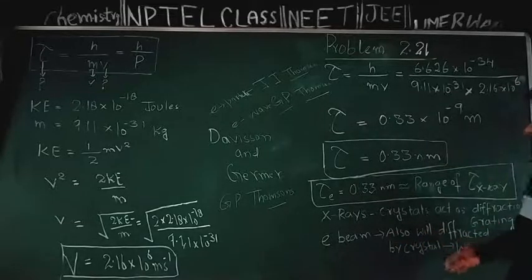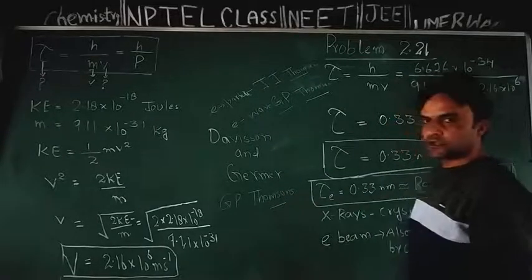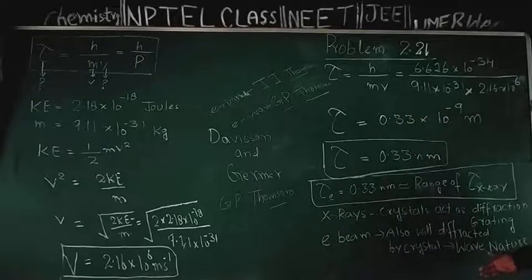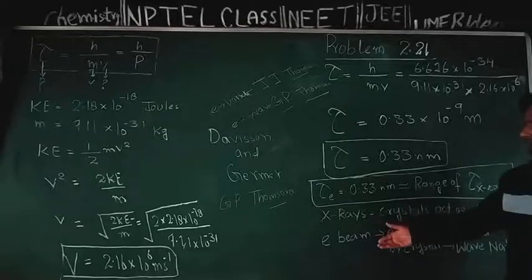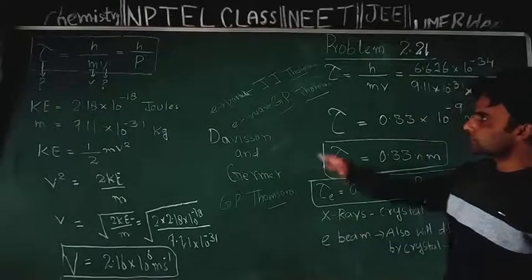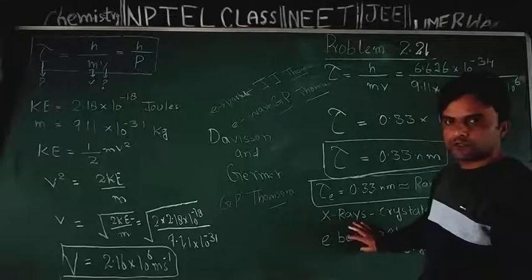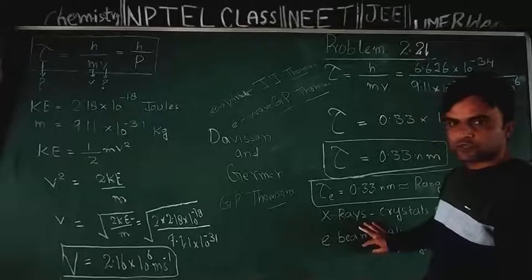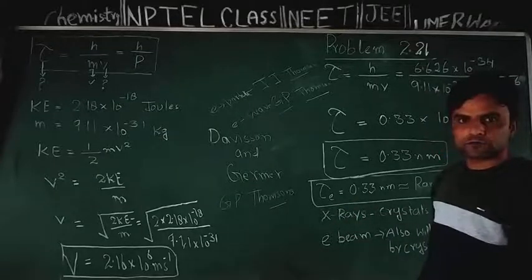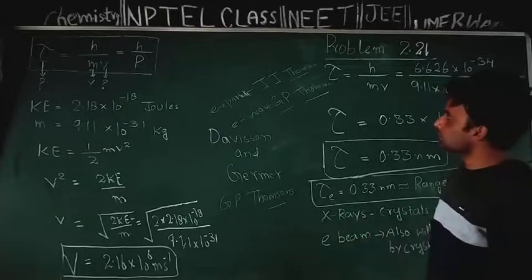And these experiments were performed by Davisson and Germer and separately by G.P. Thomson, wherein they were successful in finding that crystals diffract electron beam as they diffract X-rays, and from here they gave experimental verification or experimental proof to the idea proposed by de Broglie that electron has wave nature, which needs to be taken into consideration, and was taken into consideration by Schrödinger, who studied its wave motion by formulating his Schrödinger's wave equation.